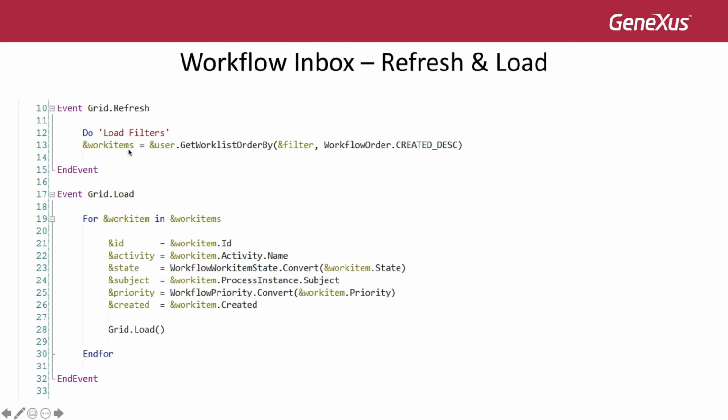We are going to load this list into the workflow work items variable. In the grid load event, we are going to iterate this list, and for each element of this list, we are going to load the information of that work item into the variables of the grid, and then we are going to execute the grid load method. This will make all the work items load into the grid.